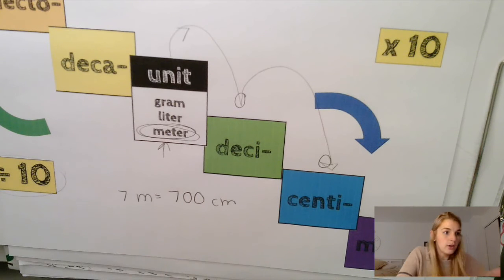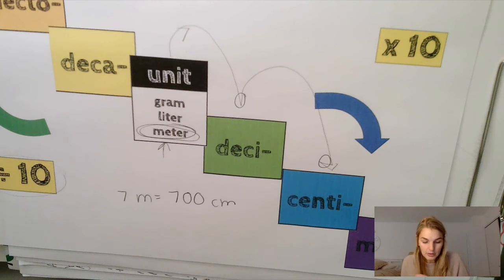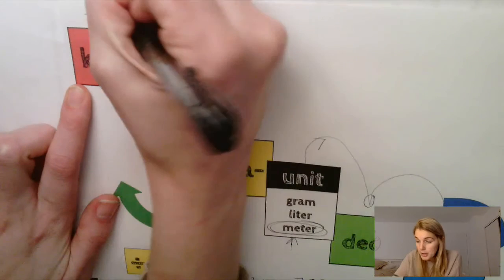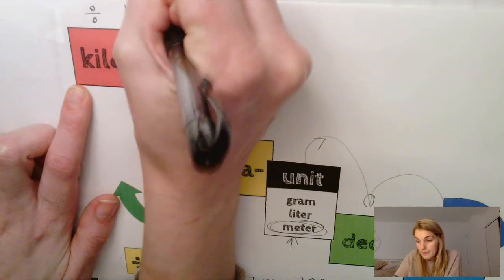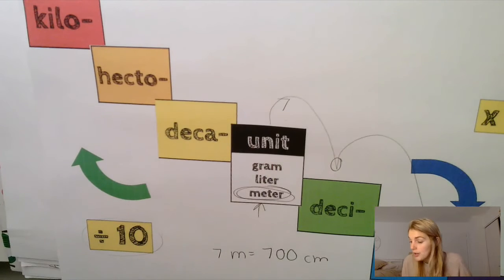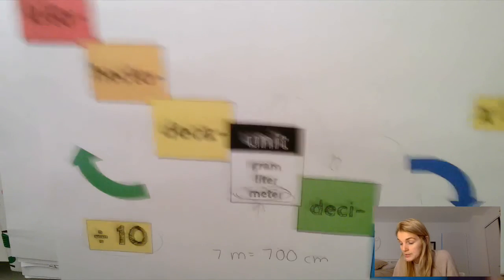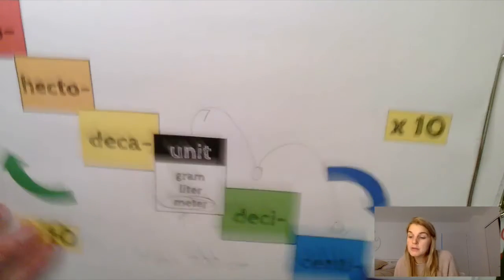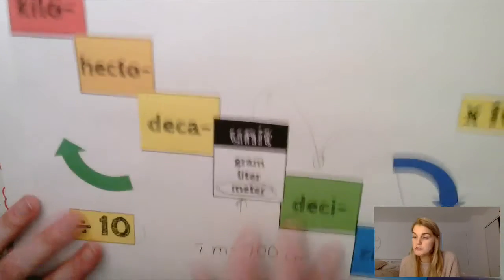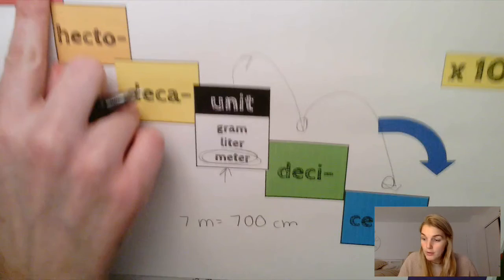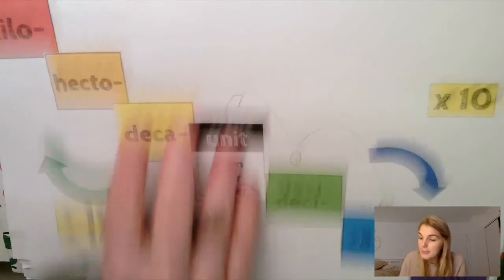Let's try another one. Let's say we're talking about 12 kilometers. So I see kilometers is right up here at the very top, and I'm talking about 12 of those. Now, I know that I need to go down the scale, so that means I'm going to be multiplying because I'm going from a big unit to a small unit. So I have 12 kilometers, and I need to figure out how many meters there are.